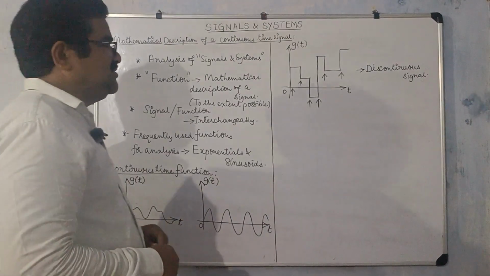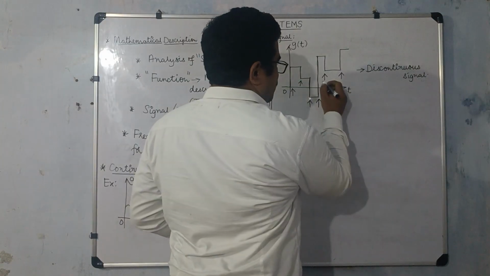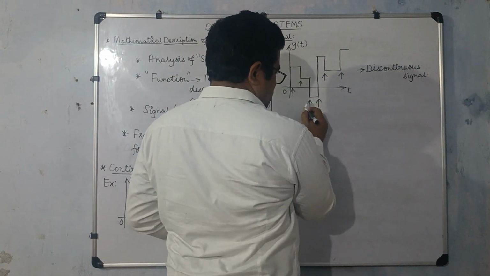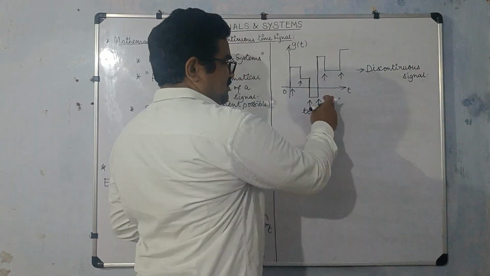First, discontinuous signals. For example, let us say this instant of time is t naught, that is t equal to t naught.